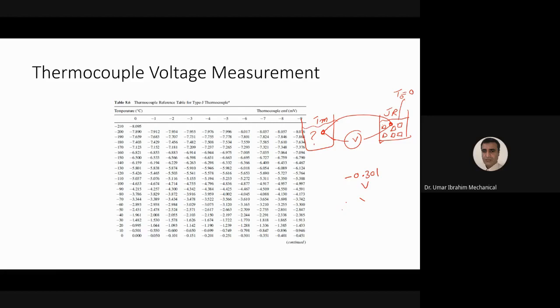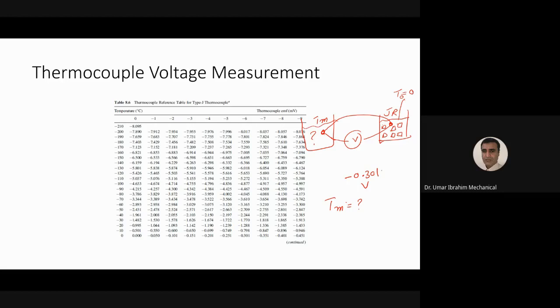Now I want to know Tm. What is the Tm value? Since my reference junction is at 0, let's go here.